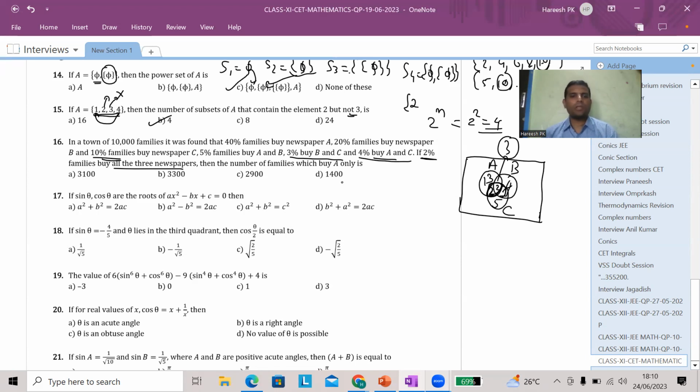Now the question is, how many families buy only A? Only A is 13%. That means 13 by 100 of the total population. And total population is 10,000. Isn't it? Number of families which buy A only.